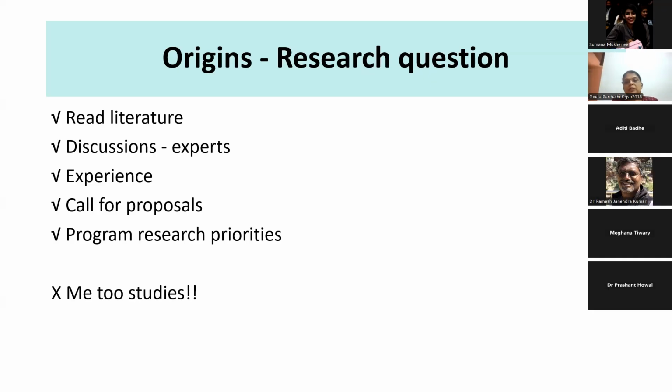Those are also mentioned by the government on their website, and you can go through those research priorities and identify what interests you. And again, I am harping on this important point: avoid me-too studies, because many times students come and when we ask them about their research question, their topic of interest, they just narrate the title of some article which they have found during their search.